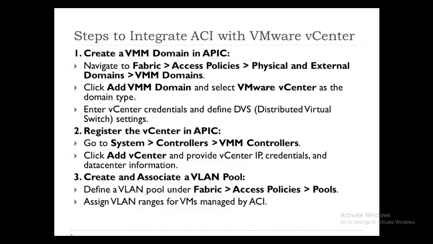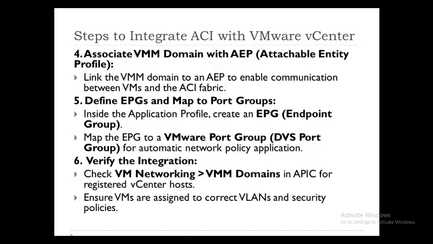And then associate the VMM domain to an attachable entity profile. Very important. Attachable entity profile is like a glue that connects all components of ACI. You might have created a VLAN pool, you might have created port profiles. Now, what combines all this? Attachable entity profile. Here we created a VMM domain, so we need to associate it.